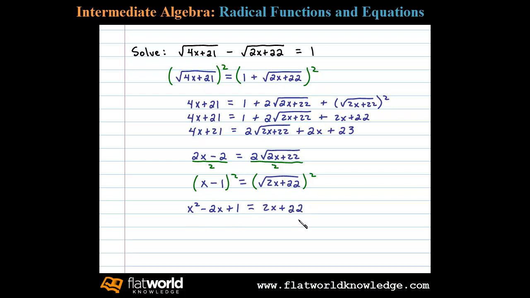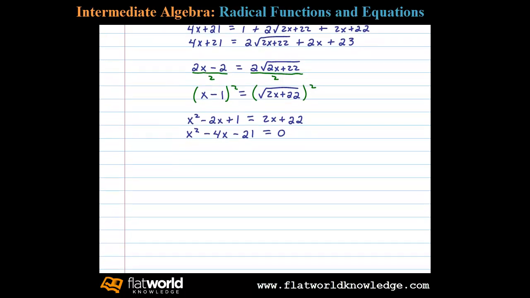And so at this point we're left with a quadratic, which can be solved if we obtain standard form, equal to 0. So we'll subtract 2x on both sides, and that'll leave us with x squared minus 4x, and then subtracting 22 we'll have minus 21 here on the left side equals 0.